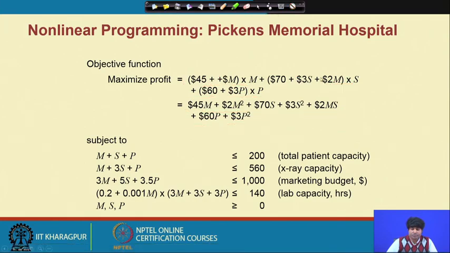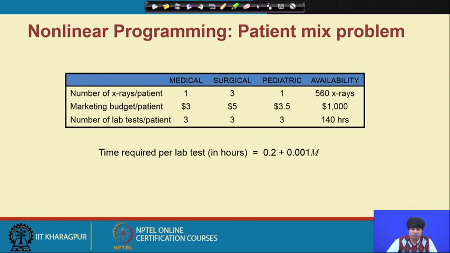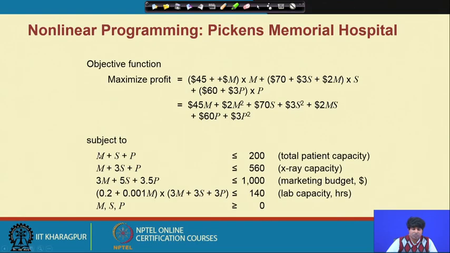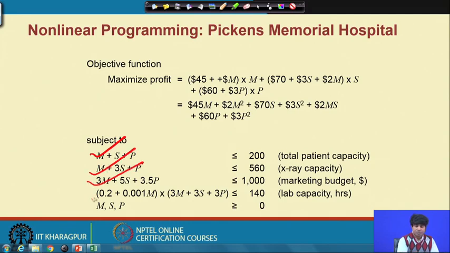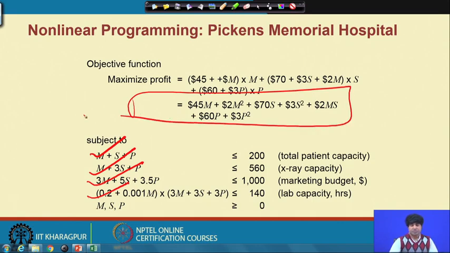The typical constraints will be m plus s plus p less than or equal to 200, m plus 3s plus p less than or equal to 560, and likewise we have 4 different constraints altogether: constraint 1, constraint 2, constraint 3, constraint 4, and that is how the objective function is to be optimized with respect to all these 4 constraints.